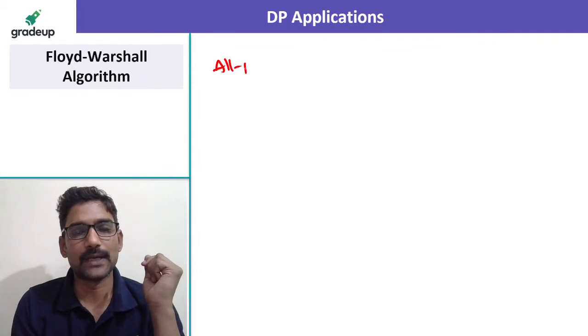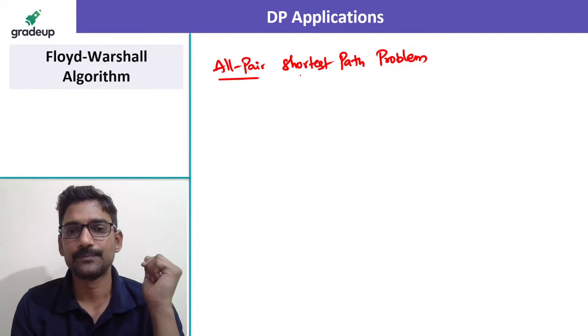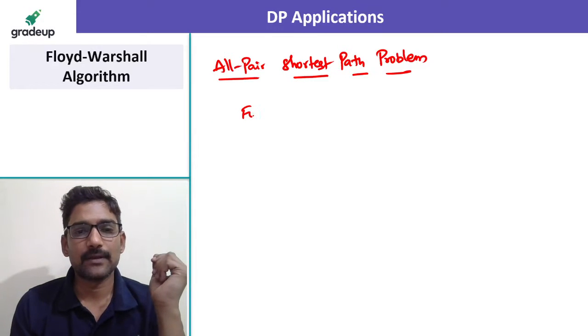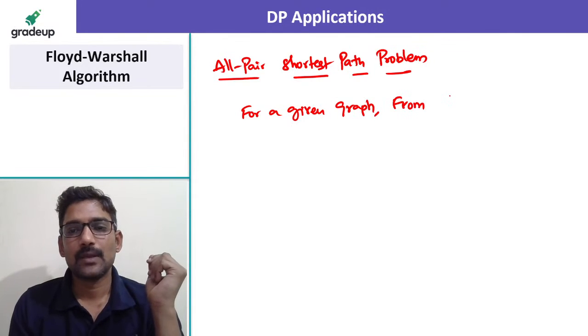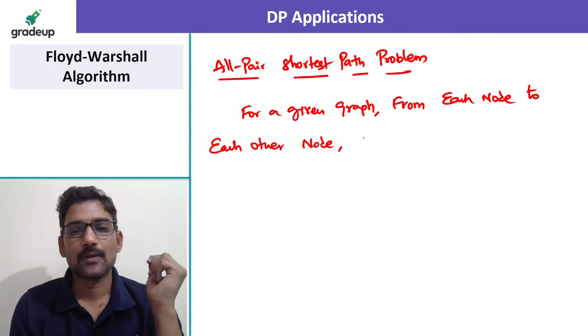In the same way, what is this Floyd-Warshall algorithm? It is also known as the all pair shortest path problem. I am going to conclude the session, guys. Just hold on. All pair shortest means in the given graph, from each node to each other node, shortest costs can be found out.